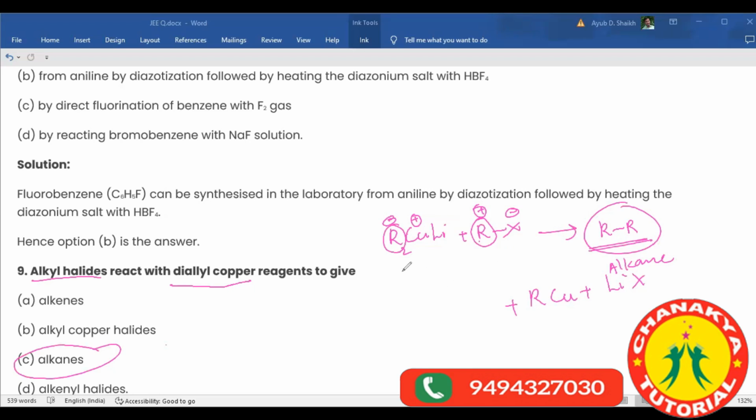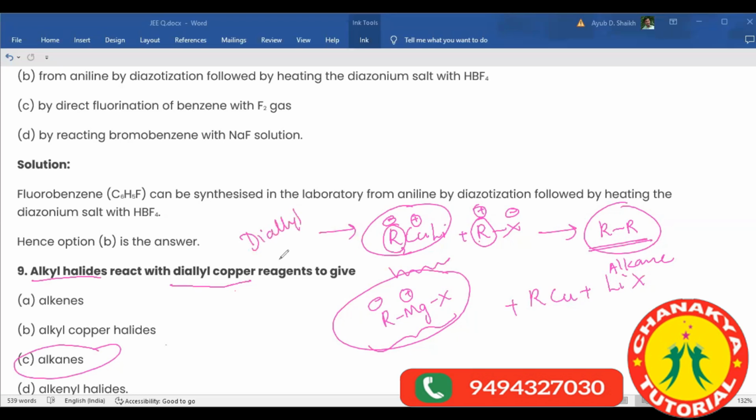A similar kind of reagent is also there. I don't know whether you're aware or not. RMgX. What will it be? Grignard reagent. What is the name of this reagent? Grignard reagent. And this will be what? Dialkyl copper reagent. Right?